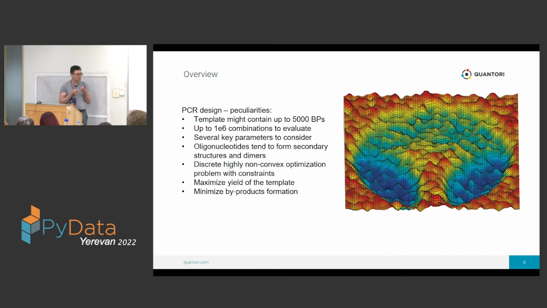So we need to find the best way to identify such structures. This problem of identifying such structures is actually a constrained and highly non-convex optimization problem. So in order to find the best ones, we need to come up with an algorithm which allows us to identify basically the global minimum in this problem.